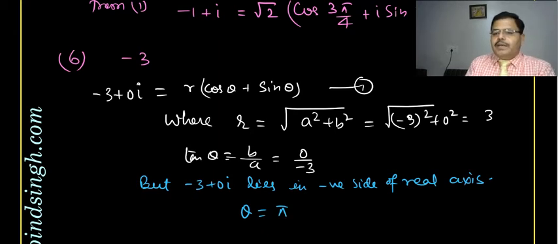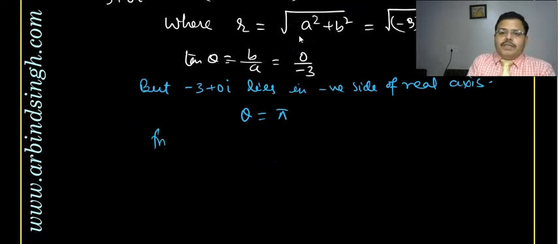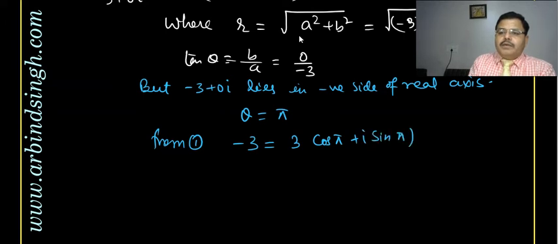Theta is pi, and hence from first we can write minus 3 is equal to 3 cos pi plus iota sin pi. I hope you got it. This is the answer. Now the last question is the 7th, which is root 3.